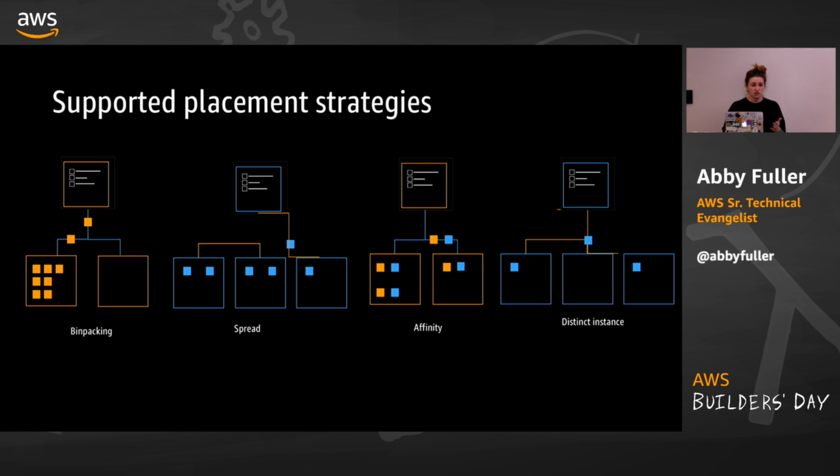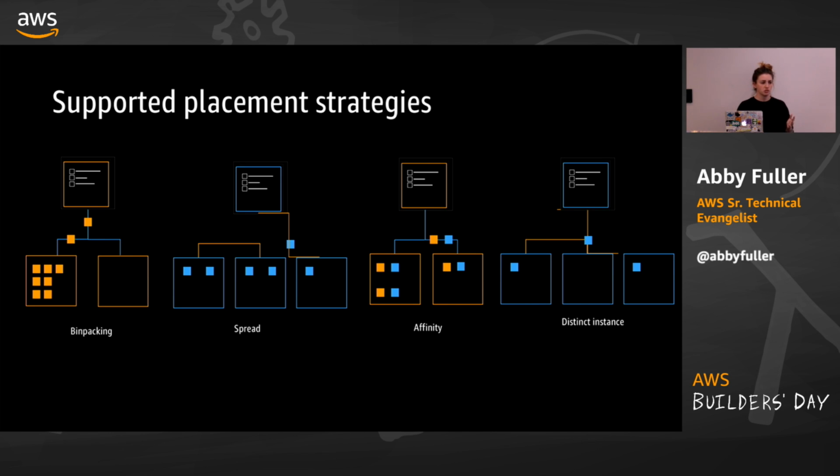People do this in production too. I used Segment as an example this morning, where they use bin packing in production to run as many events as possible. I'll get into it in a bit, but you can use these strategies in conjunction with constraints also. So you could, for example, bin pack while distributing between availability zones. You also have spread, which will distribute your tasks as evenly as possible between the instances that will support the tasks.